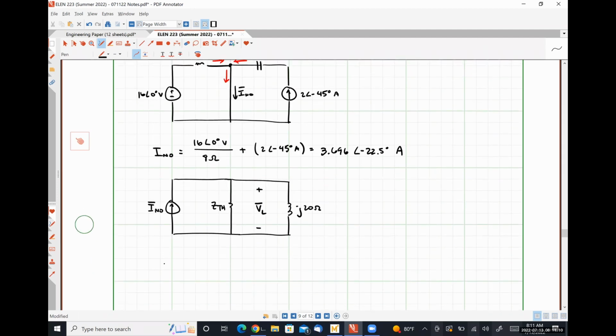Using Ohm's law, VL would be I Norton times ZTH in parallel with J20. So that's going to be ZTH times J20 ohms over ZTH plus J20 ohms.